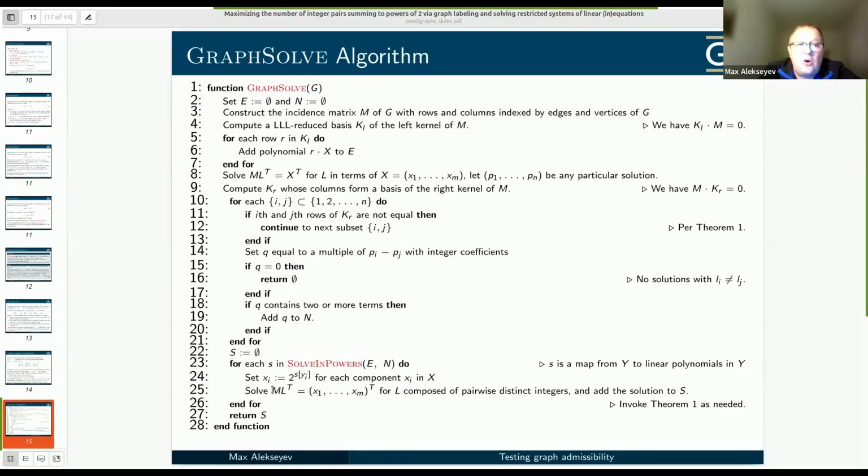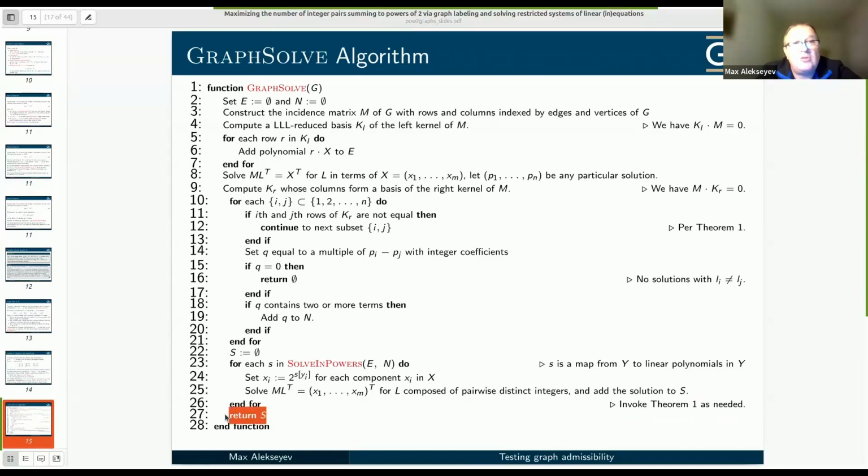Then we solve our equation for L. Now this x is already defined in terms of y's. We solve it not just for L, but we want L to have pairwise distinct elements. And in order to get so, we may need to invoke theorem 1 as needed. Recall that theorem 1 was about how we can get distinct elements relying on distinct rows in the right kernel. After we compose our solution set, we return it.